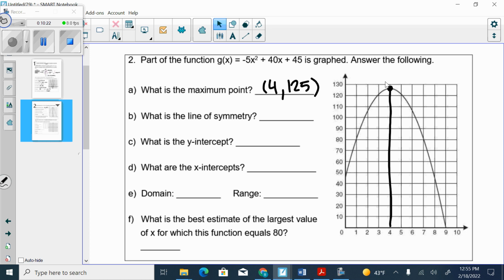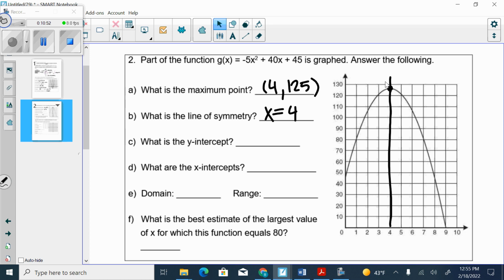Okay? My axis of symmetry or line of symmetry is where I can fold it in half, right? That would be the line I just drew in, right down the middle. Okay, what was the x value at that point? 4. So our line of symmetry is at x equals 4. Okay, the y-intercept, that means where it touches the y-axis.